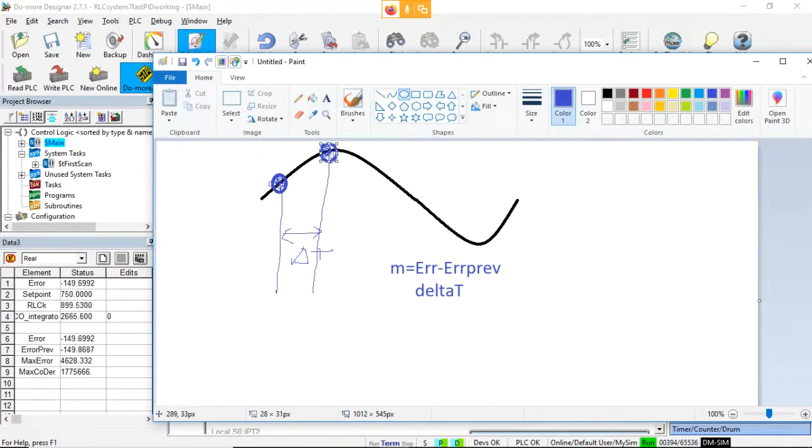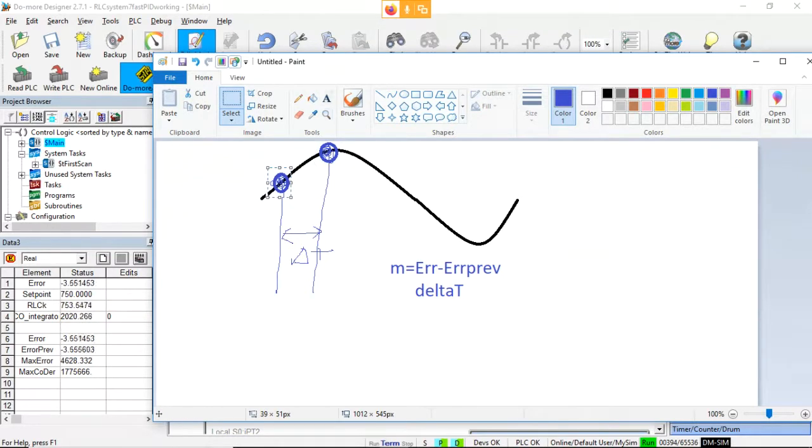These are the errors. And as we go to the next time, right now, when I'm doing a calculation, I've got this error right here and the previous error. This is the previous error.